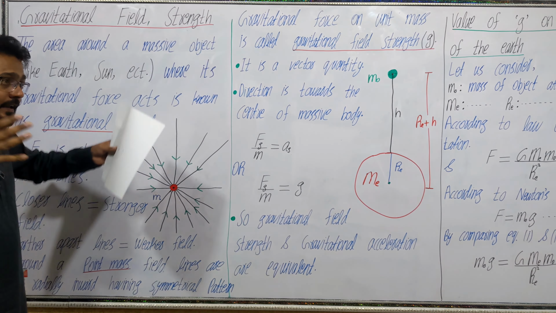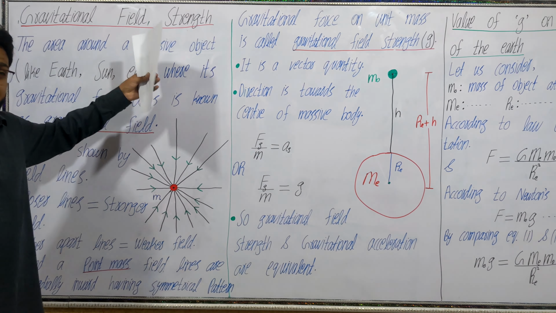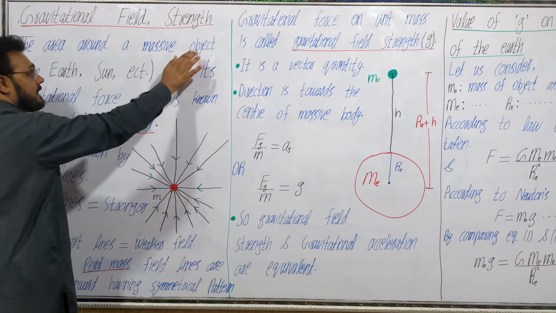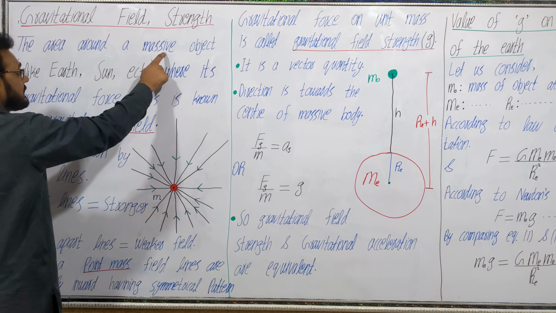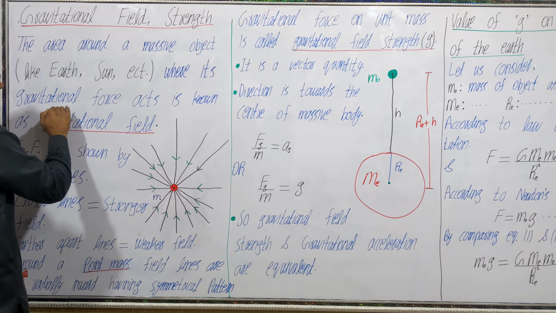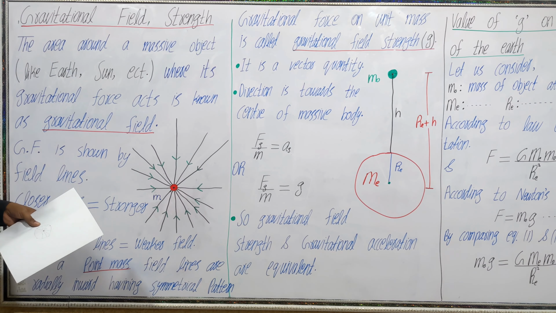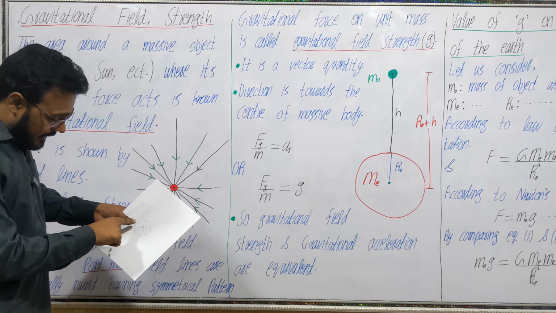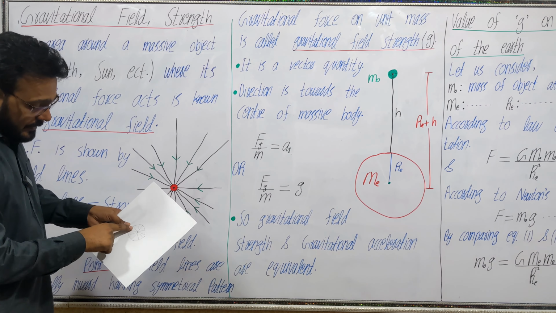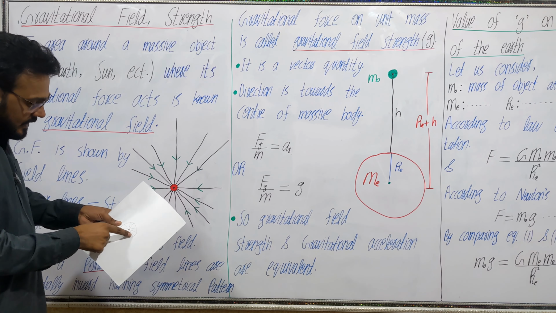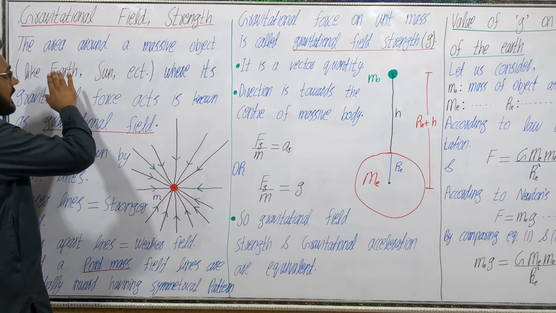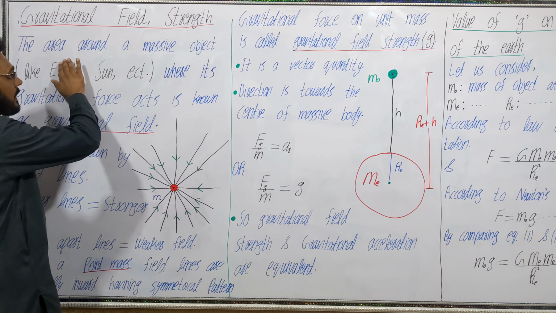Massive means having greater mass. The earth has greater mass. The area around earth where its gravitational force acts is known as gravitational field.